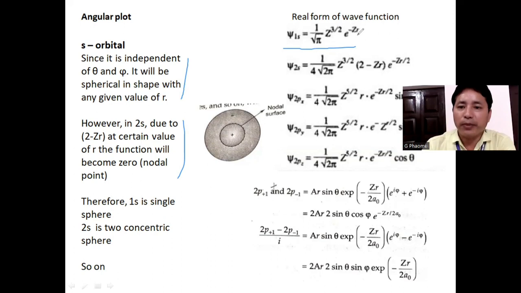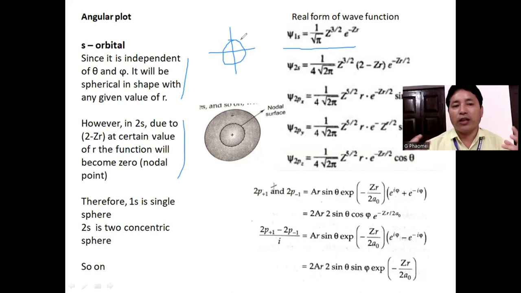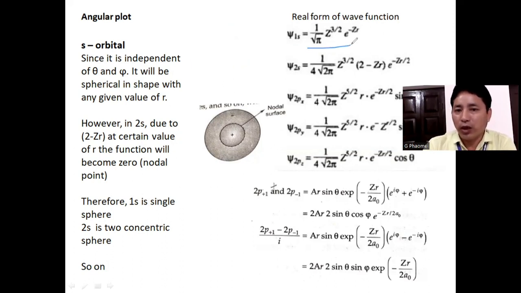When you take a value of r, say 1, in x and y, the whole area, just like a ball, will be covered. Therefore, in all directions it will be covered, so it will look like a ball. So the s orbital is spherical, and no doubt, according to this wave function, this represents the s orbital.